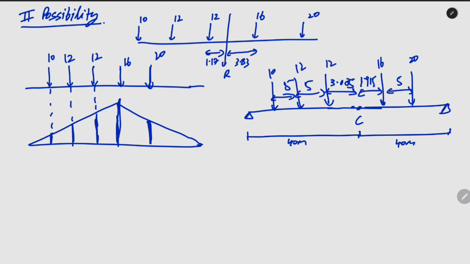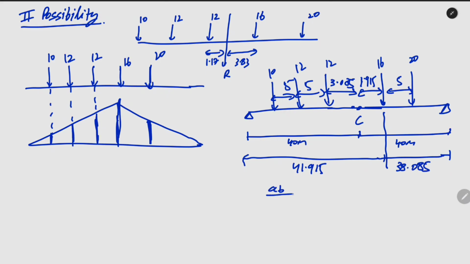Now I can find the A value. So the A value will be 41.915 and the B value will be 38.085.